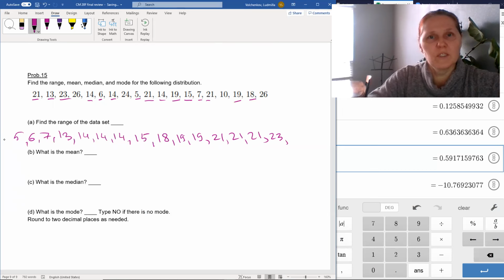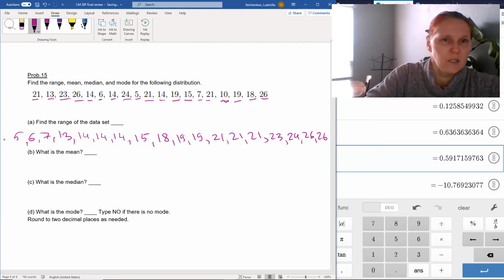And I see now that I skipped 10. So 26, oh, we have 24 first. 24 and 2 times 26. And we must add 10 here.